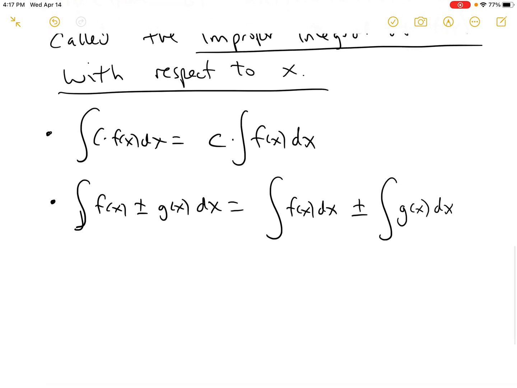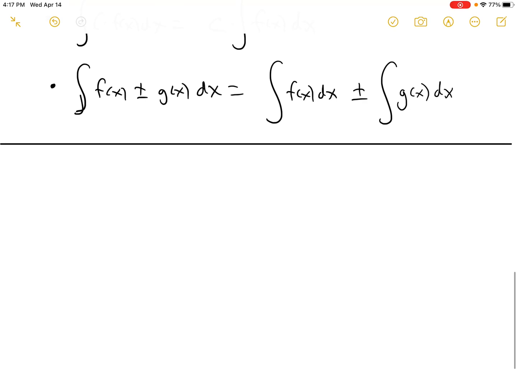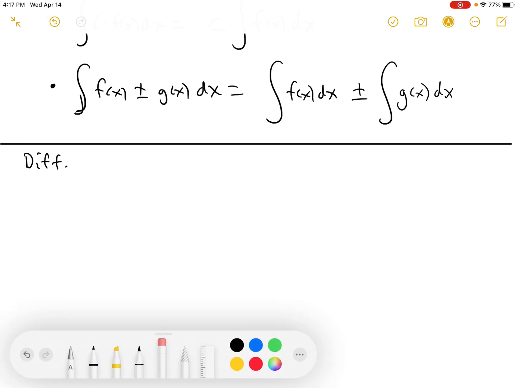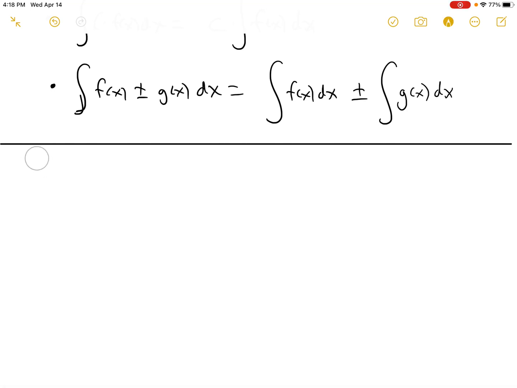All right, so let's get into this for real. So over here I have some differentiation rules. Yeah, no, I don't want to do it that way. It's too formal. We'll get formal next week. This is supposed to be sort of an informal introduction.